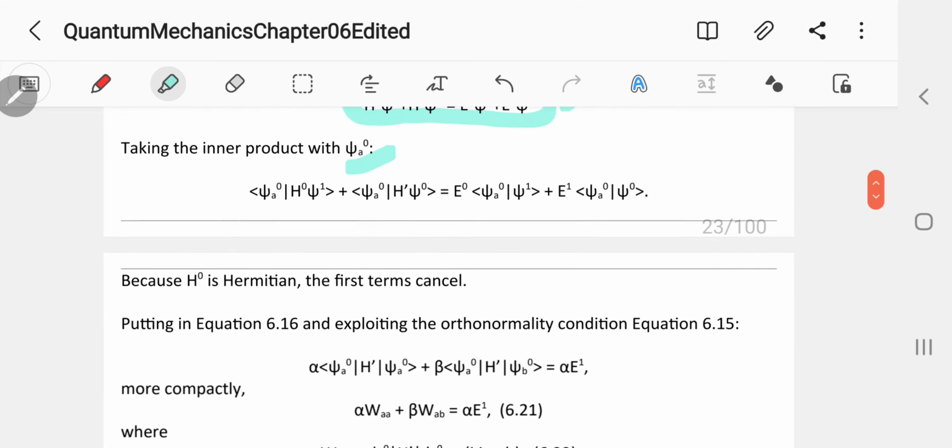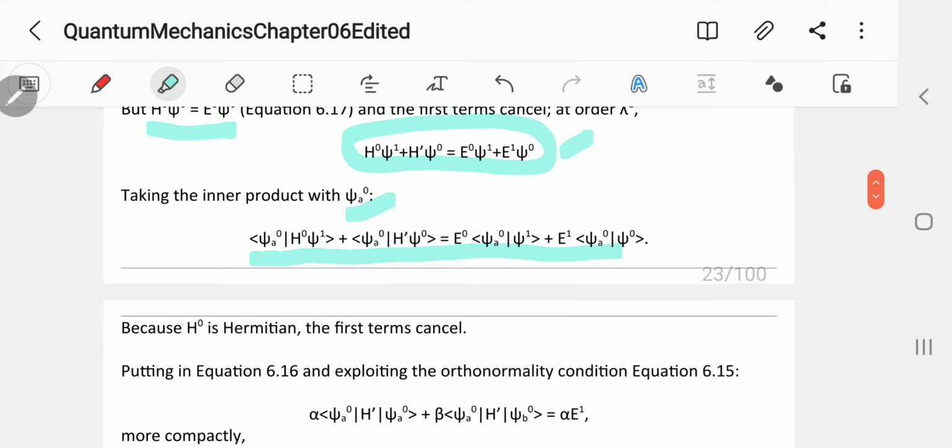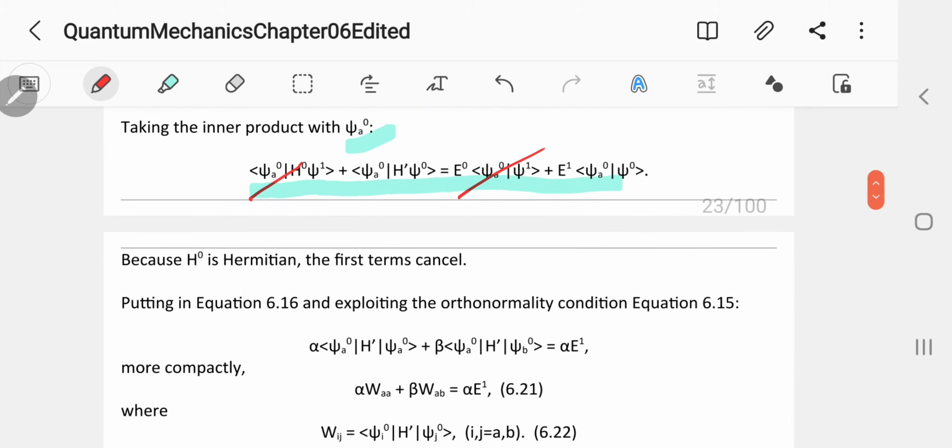So we will have this. Again, the Hamiltonian H0 is Hermitian, so the first term cancels, and you will only have this.